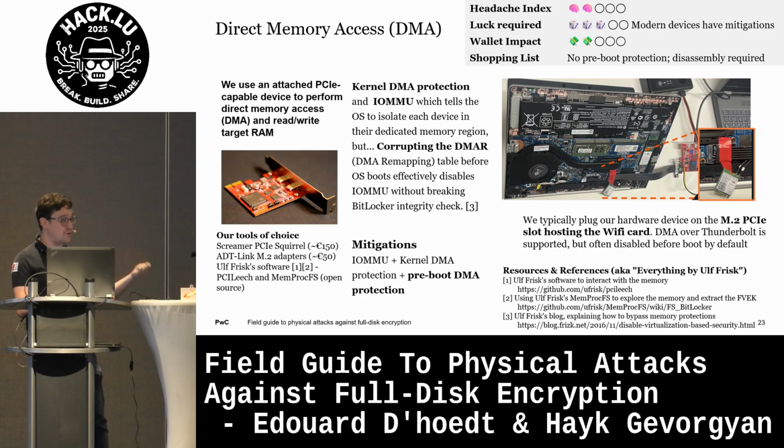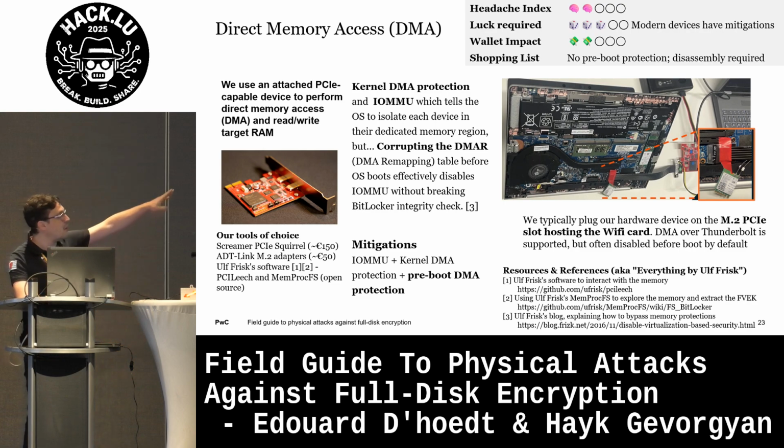So if you corrupt it at boot, Windows boots normally, and you can bypass the IOMMU. The mitigation against that is simply to enable pre-boot DMA protection inside the firmware. So before the OS boots, there should be no possibility to do DMA.